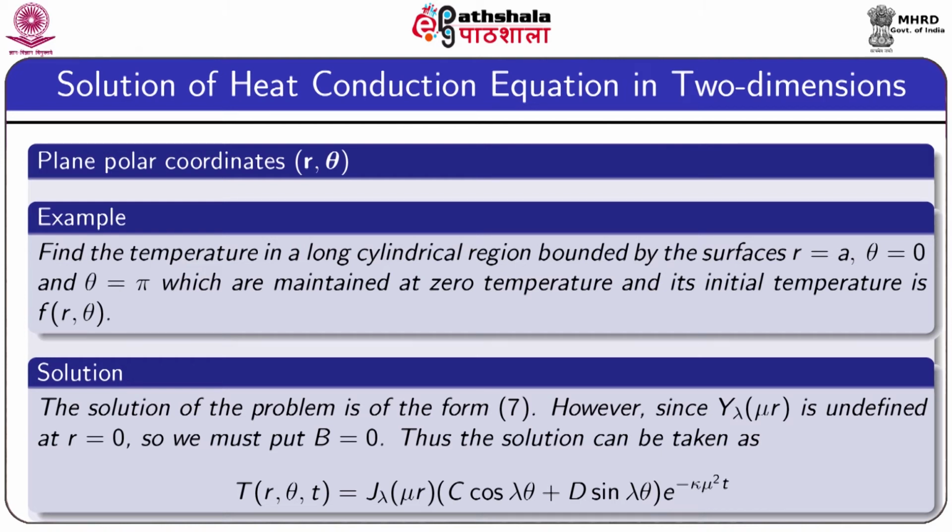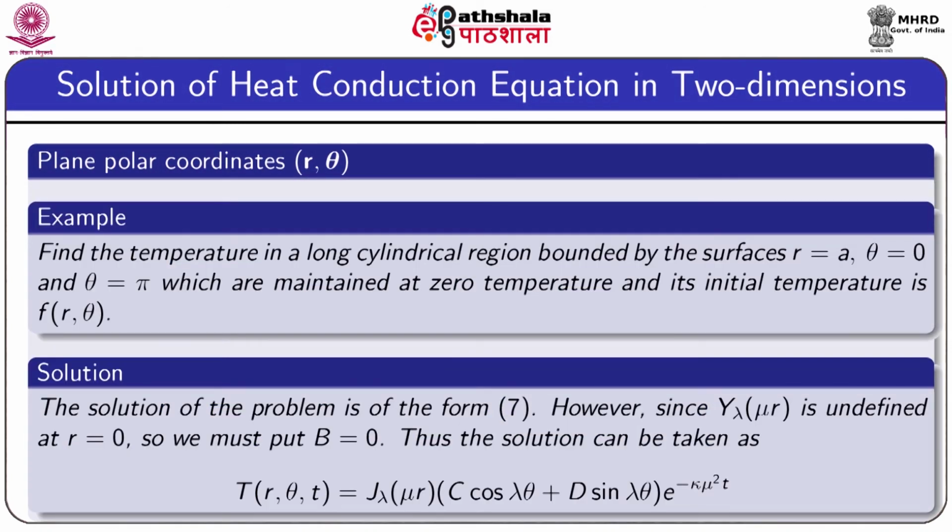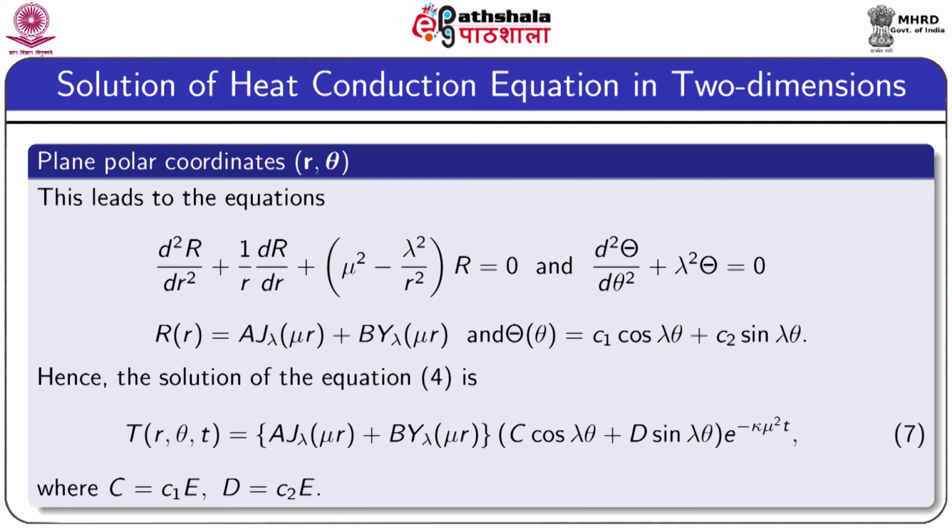For solution, we have to go back to the general solution, which is written in equation number 7, and we have to find the values of the constants A, B, C, D satisfying the given initial condition and boundary conditions. Now you note that if we observe equation number 7, this equation is valid for all r.